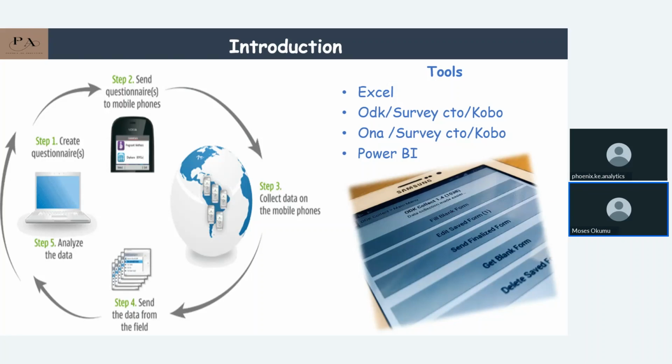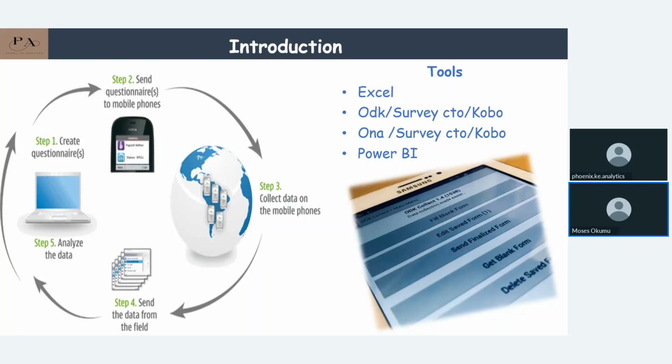The third one will be Ona. Ona is like a server, or server CTO, or Kobo. So those are servers. The first one will be the kit, the second one will be the kits or the applications, and the third one will be the servers. Finally, we'll be using the Power Business Intelligence software to ensure that our report or our dashboard goes live.